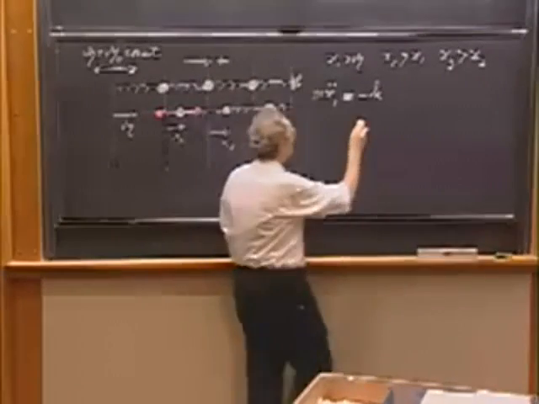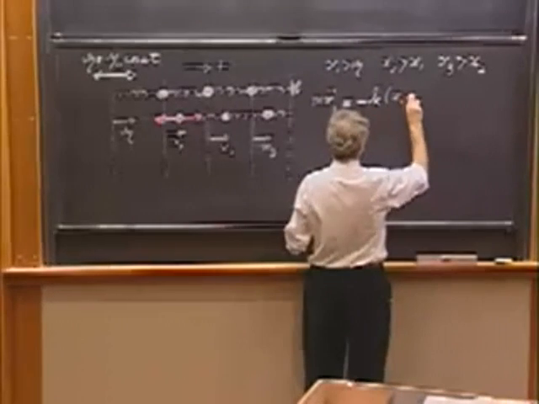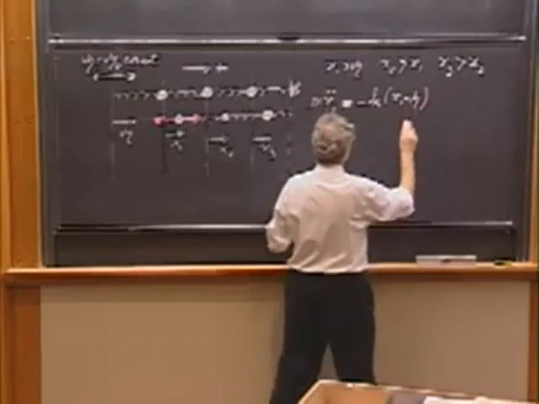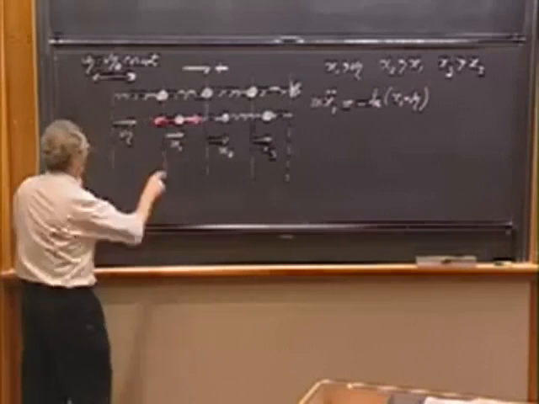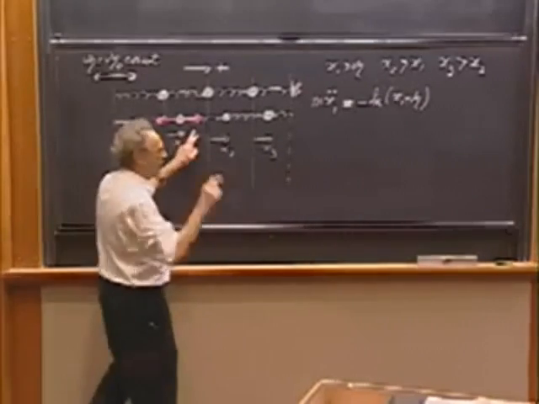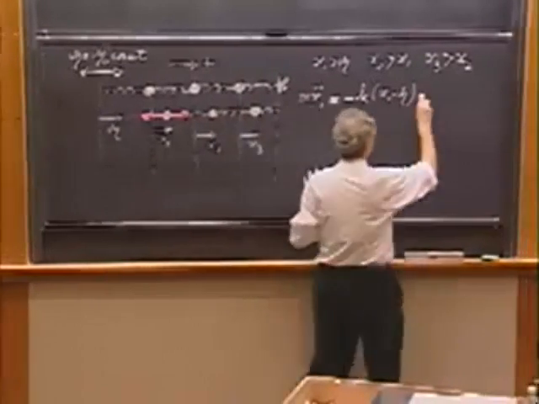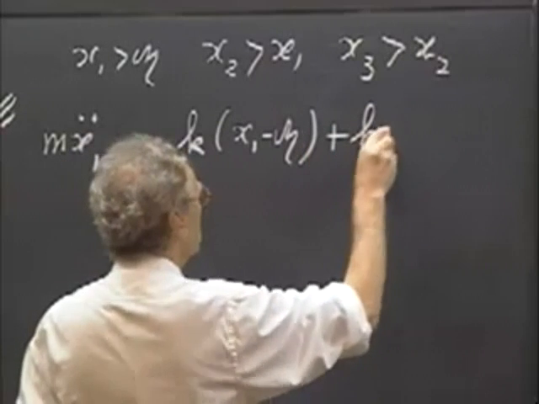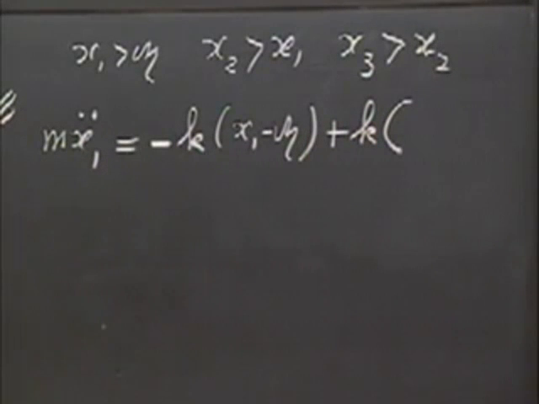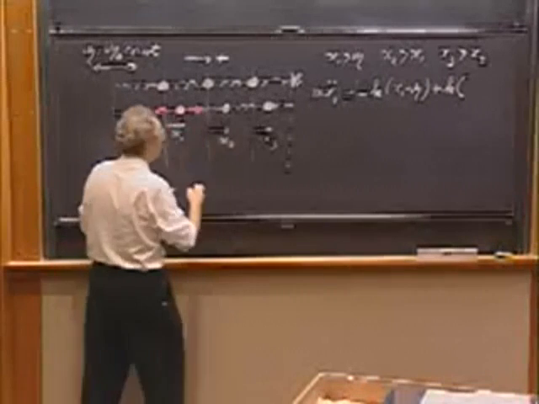So times x1 minus eta, that is this force. And this force is now in the plus direction, is plus k times x2 minus x1, because this spring here is longer than it wants to be by that amount.